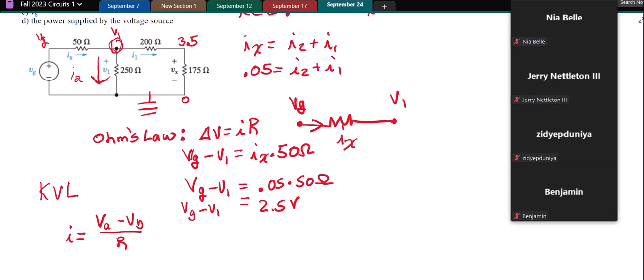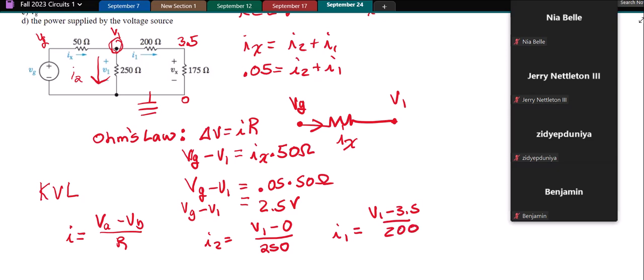So I can say that I2, which is the one going down that middle branch, equals V1 minus 0 over 250. And I can say that I1 equals V1 minus 3.5 over 200.